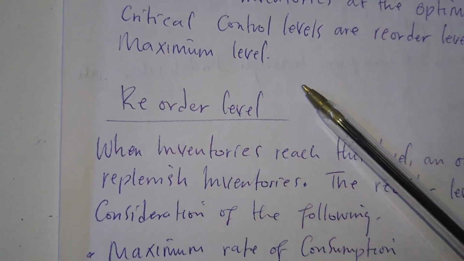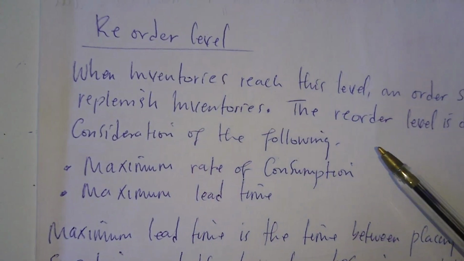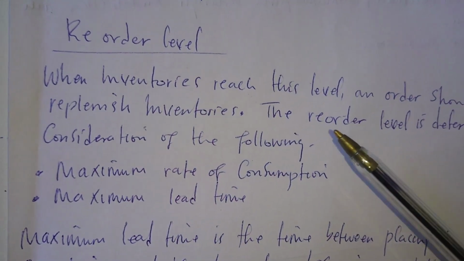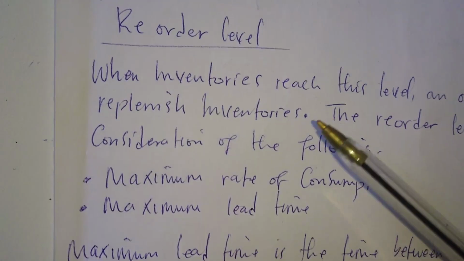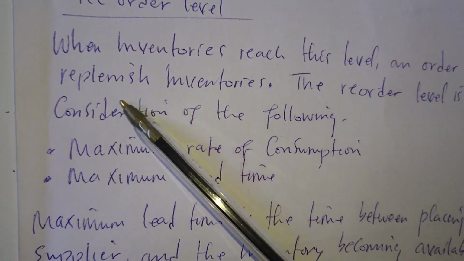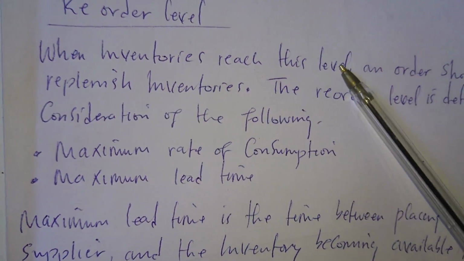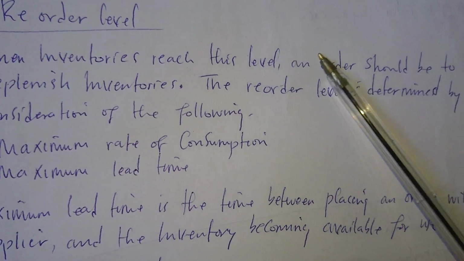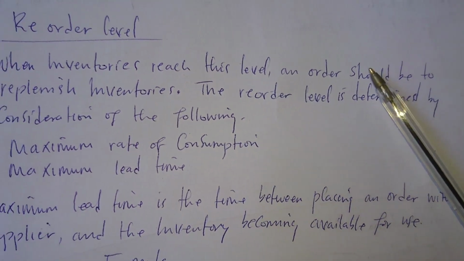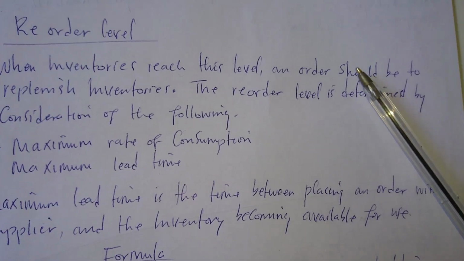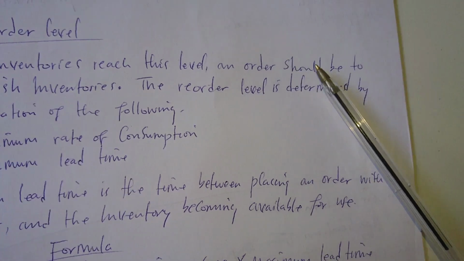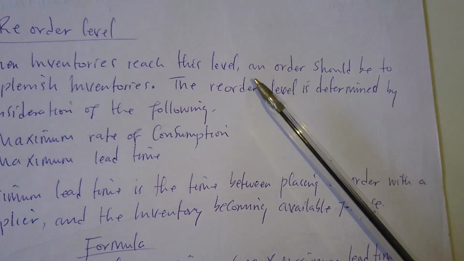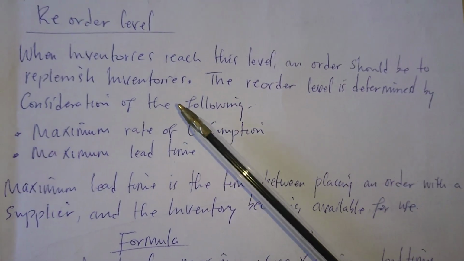All right. I've tried to explain briefly what these terms mean. Reorder level means when inventories reach this level, an order should be made to replenish inventories.